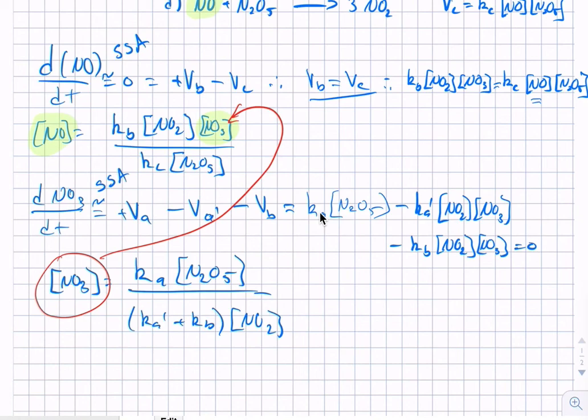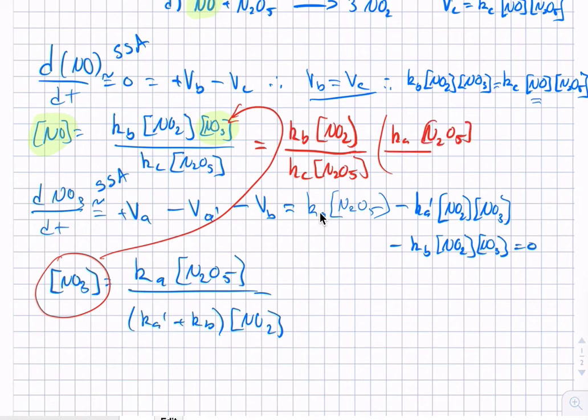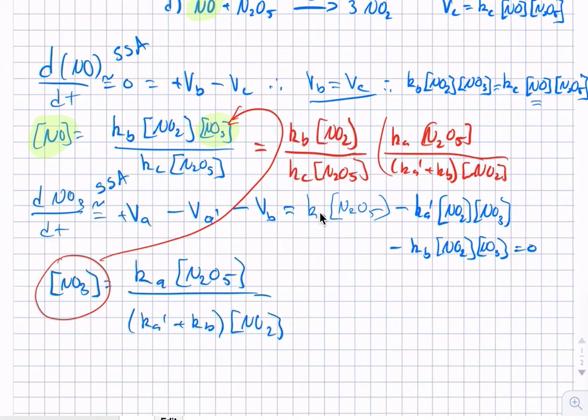So let's say that this is going to equal, now I'll repeat this, Kb NO2 over Kc N2O5, and then replace NO3 with our expression from below, Ka N2O5 divided by the sum of Ka prime plus Kb and divided by NO2.